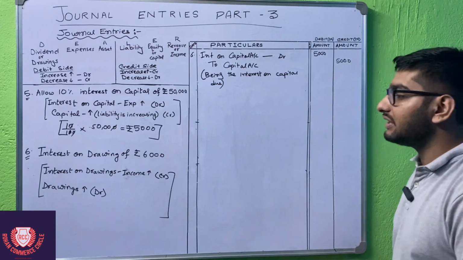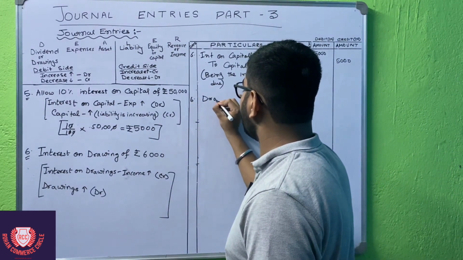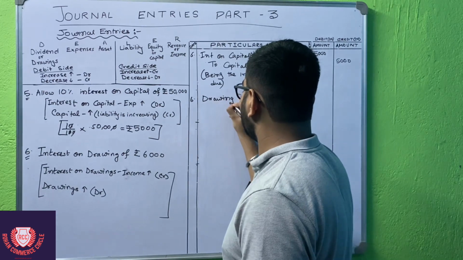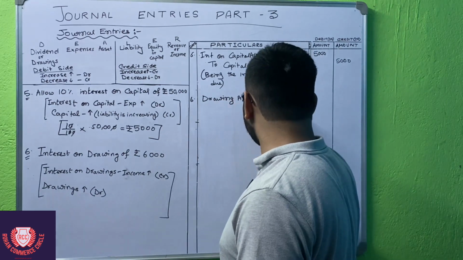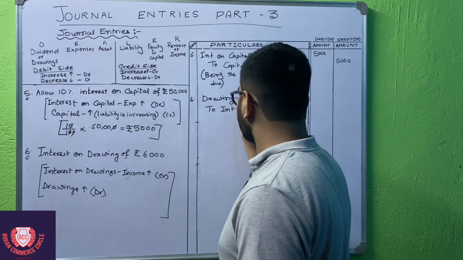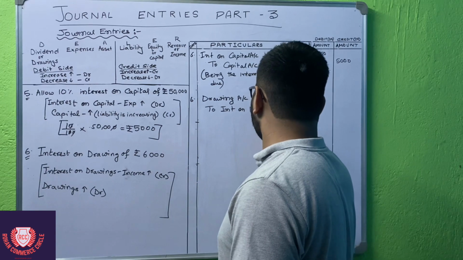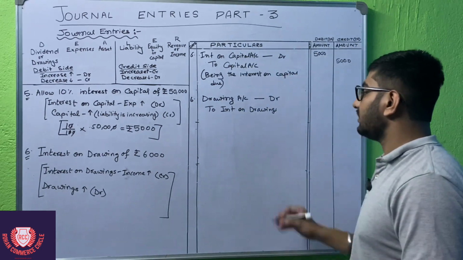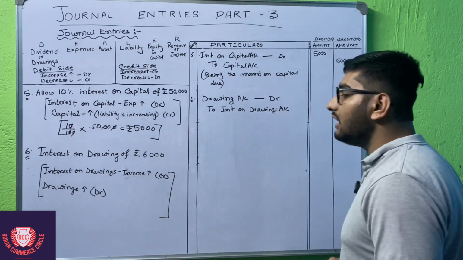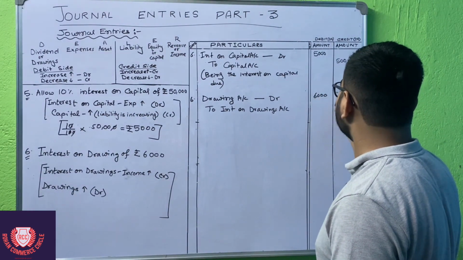So drawings account debit to interest on drawings account. Okay, how much was it? It was rupees 6,000.